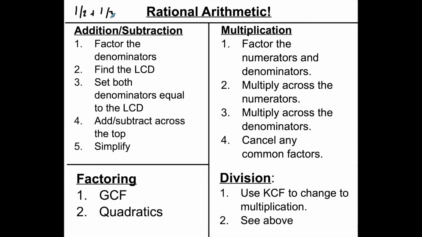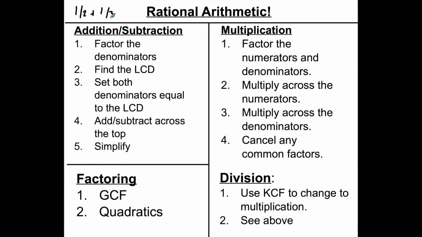Finally, if needed, we will want to simplify just in case things aren't simplified. So that might require some factoring of the numerators. But mostly we're going to be focusing in this video on steps 1 through 4. Generally, if you set the denominator equal to the LCD, that's going to take care of a lot of the need to simplify, but it is possible you'll need to simplify anyway.